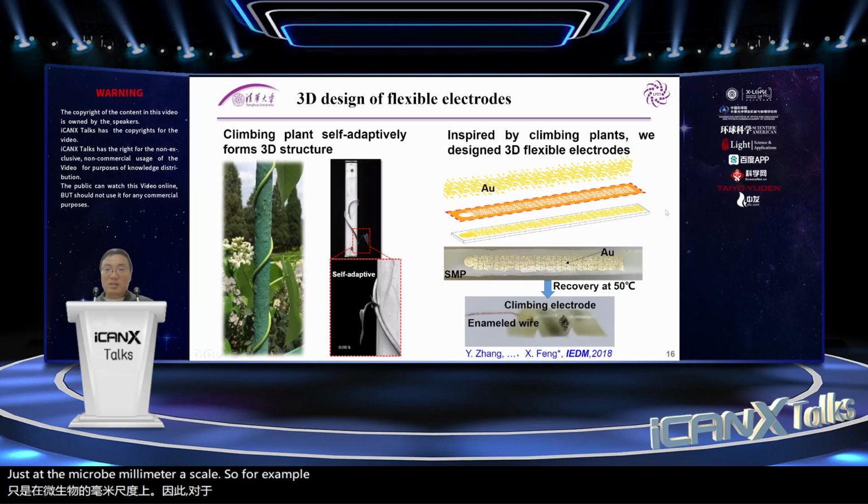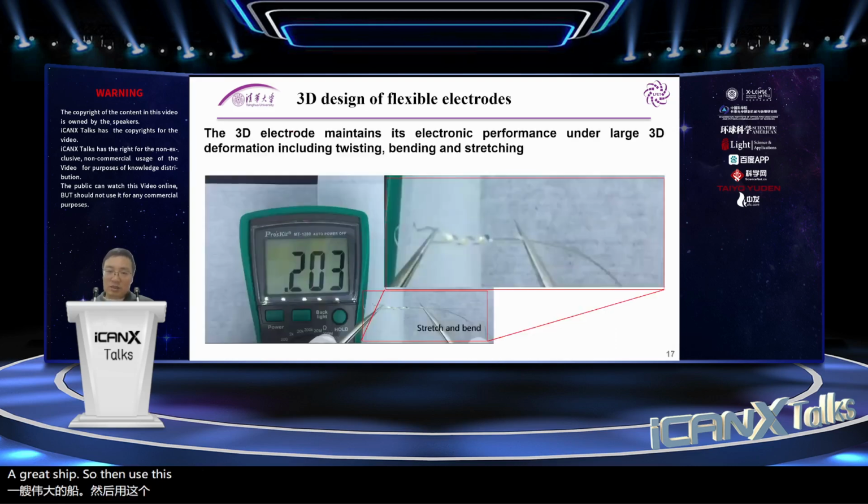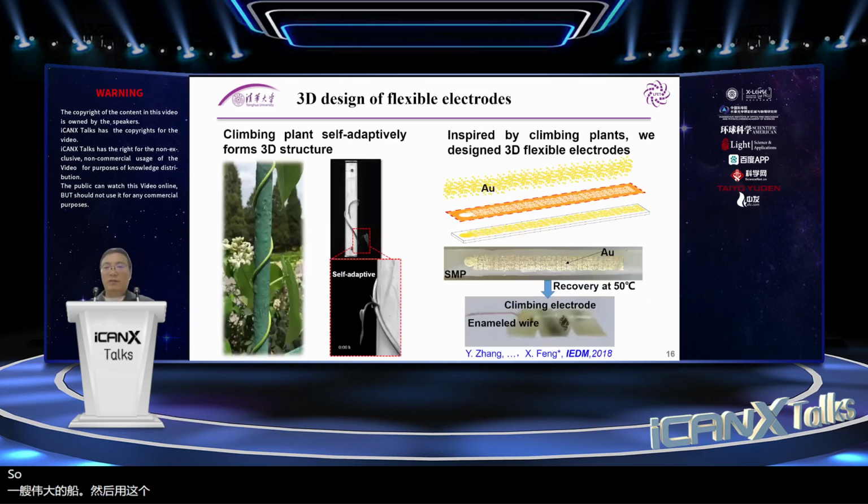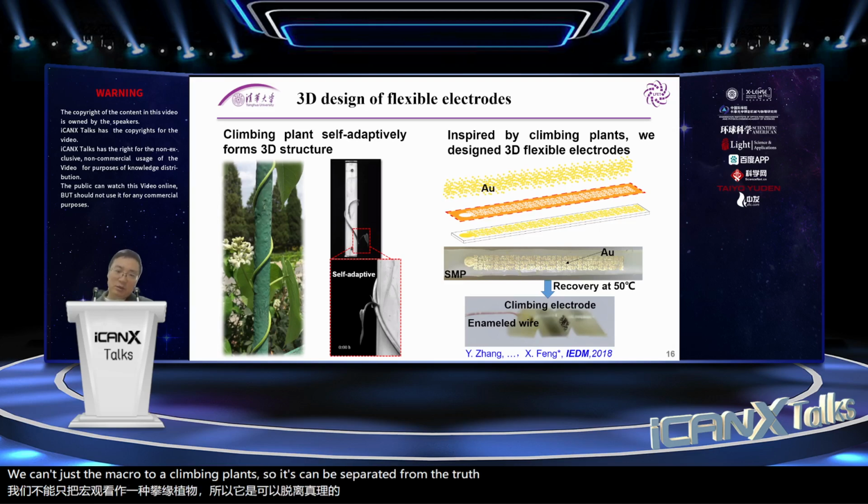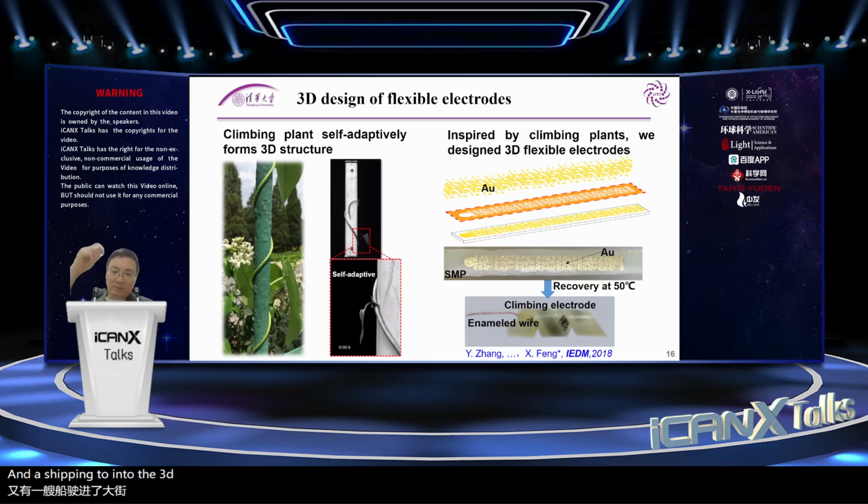For example, we can deposit the thin film onto a soft substrate with a wavy shape or a grid shape. Then, just like the climbing plants, it can be shaped from 2D into 3D.